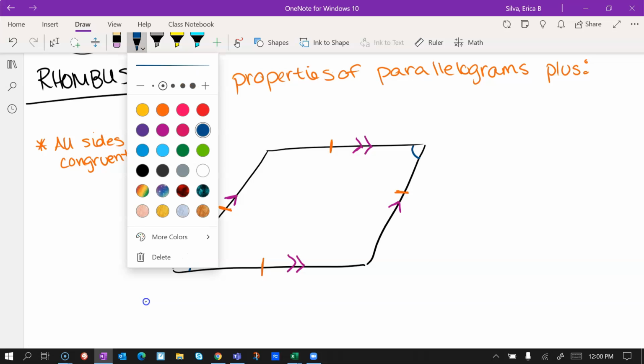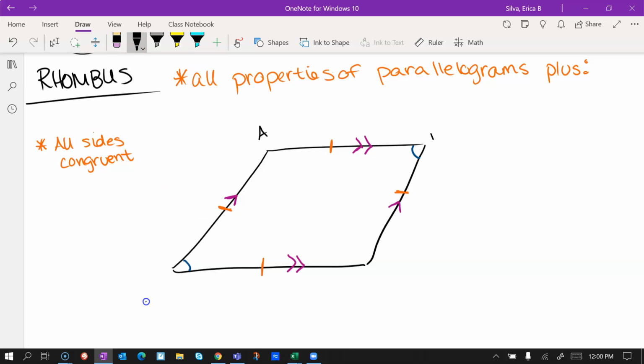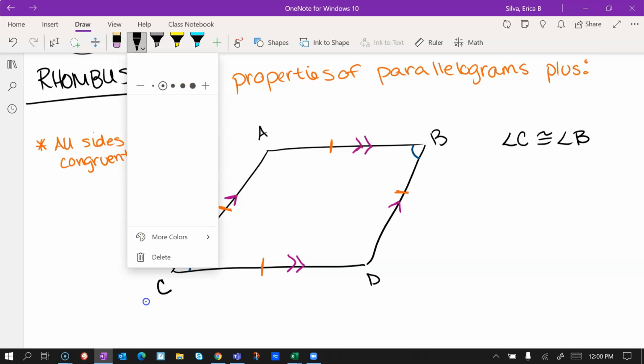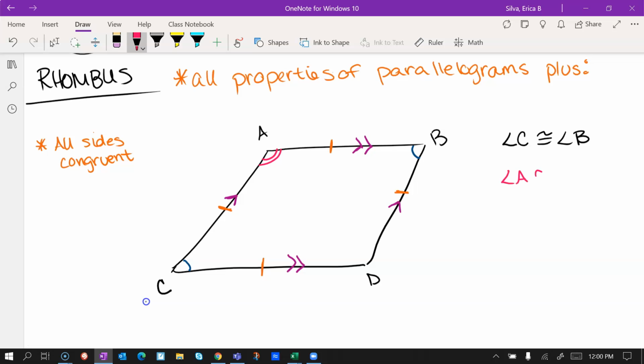So if we were to name this rhombus A, B, D, C, then angle C is congruent to angle B, and angle A is congruent to angle D. Then consecutive angles are supplementary.